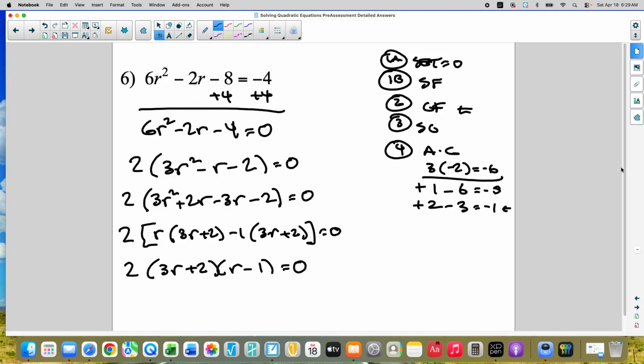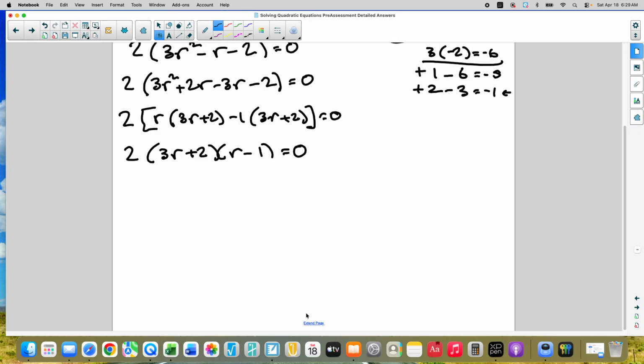Now we have 3 numbers that are being multiplied to make 0. We know what this number is inside this box. There is no variable, so this is a constant, so we know this is not where the value becomes 0, because this is a 2. So our only choices where it could be 0 are with the variables. So we set each of the quantities with variables equal to 0 and then solve.